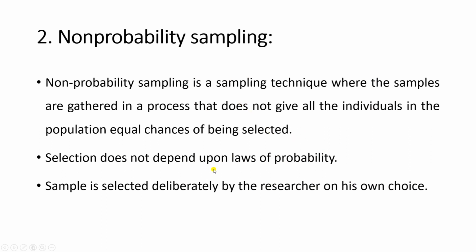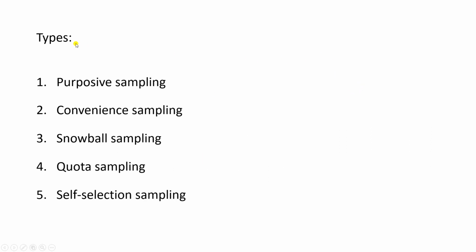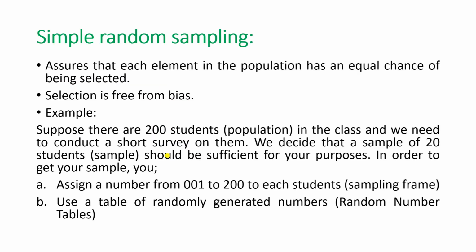That is why the laws of probability are denied in non-probability sampling. What are the types of non-probability sampling? Some examples are purposive sampling, convenience sampling, snowball sampling, quota sampling and self-selection sampling.